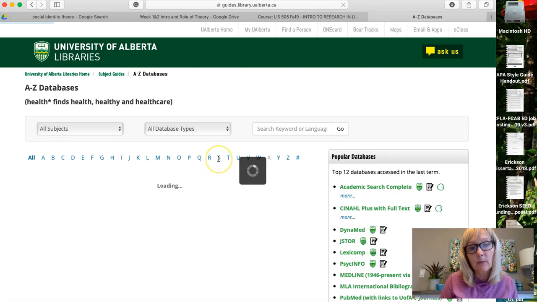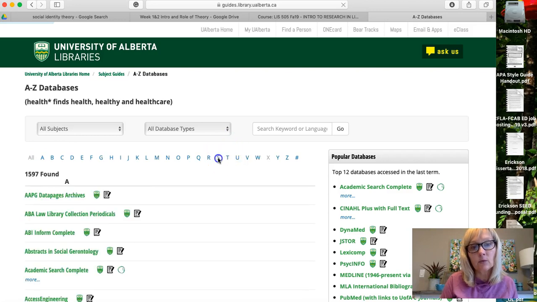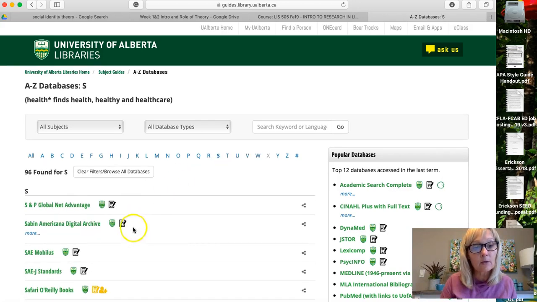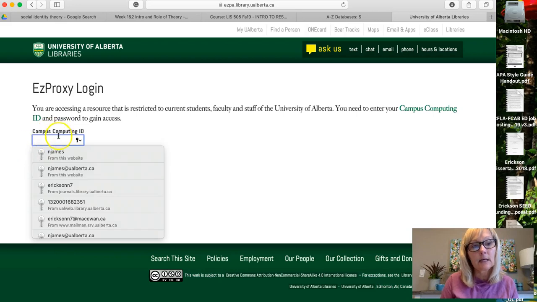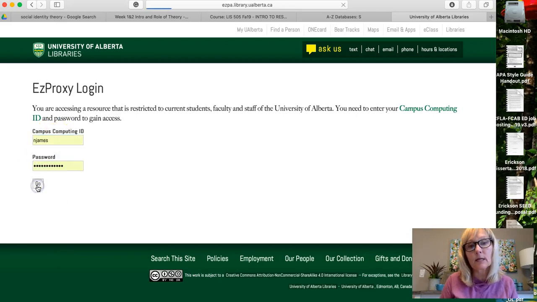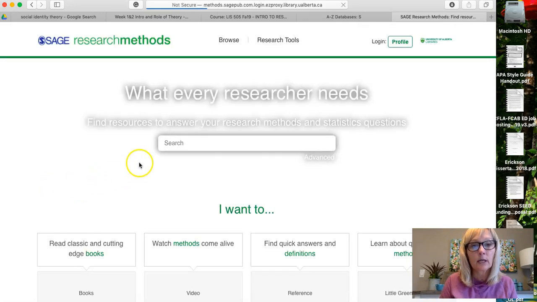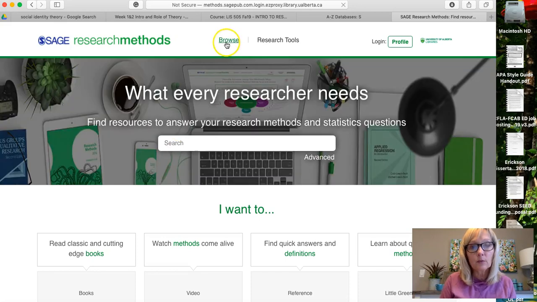So SAGE is a publisher, and they have an online database that gives you lots of links to articles and electronic resources and videos, etc. on research. Not exclusive to LIS. This is SAGE research methods in any discipline or any approach to doing research. So you can do a browse feature.